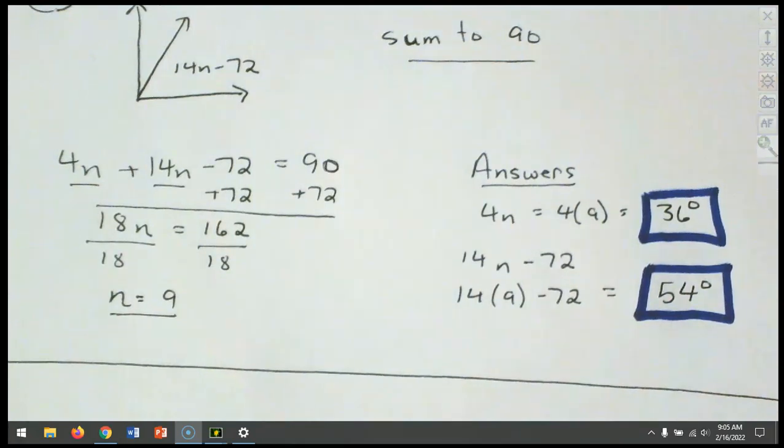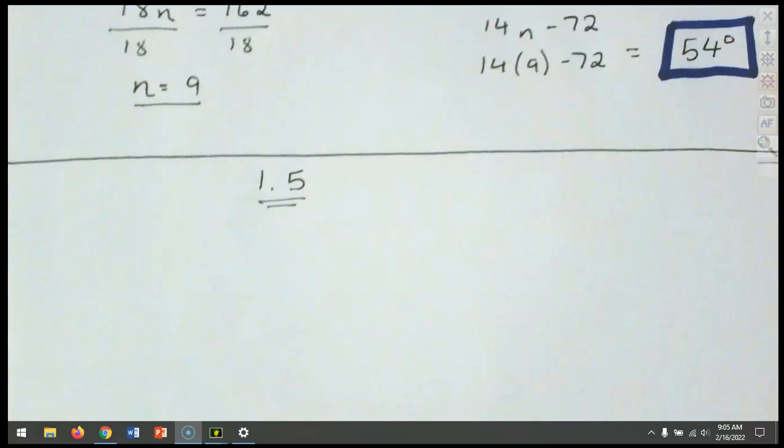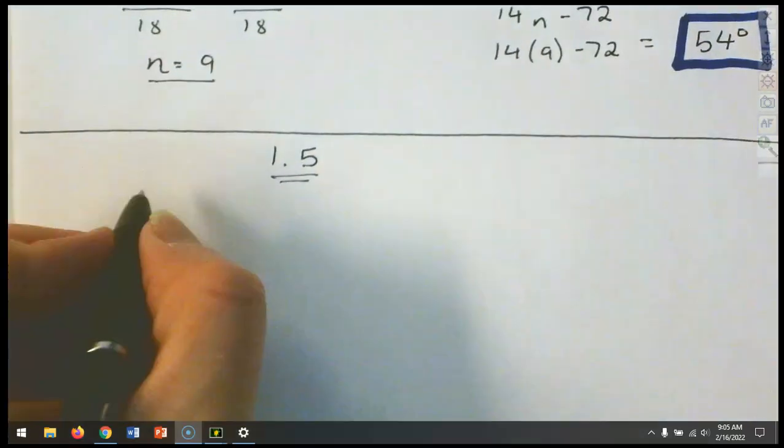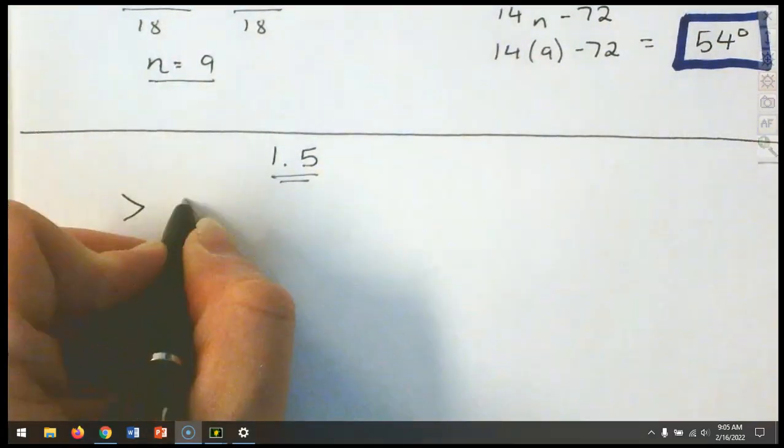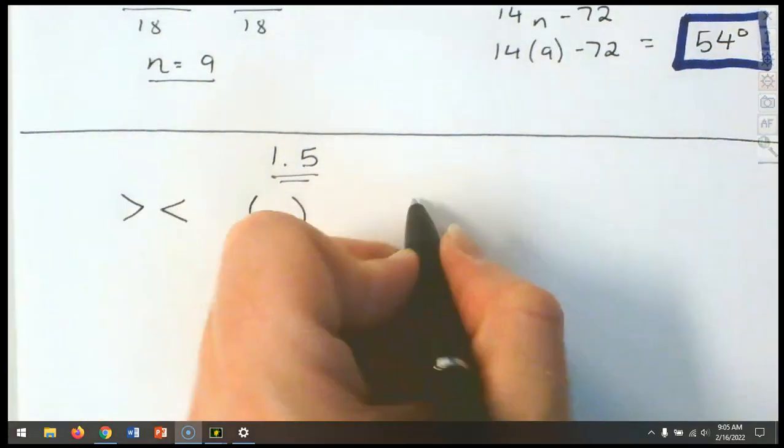Moving on, we're going to look at 1.5, which is inequalities. And just as a quick review on these inequalities, let's remember strictly less than, strictly greater than. Those get parentheses.